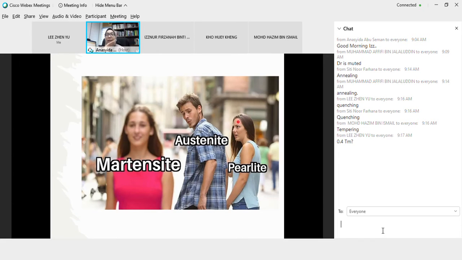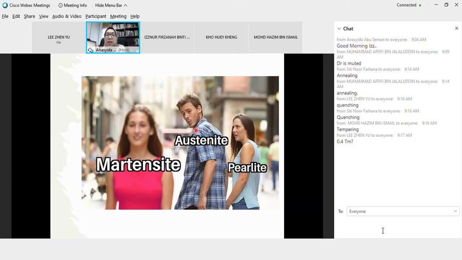Okay, ni tengok gambar ni. So kalau you tak ingat lagi martensite, you remember this picture. So you can see that this martensite is very stunning, right? Dia macam cheeky. Tapi dia tak stable. It's not stable as compared to perlite. So dia nampak macam menarik, stunning, but it's not actually stable. They are metastable. So that's why martensite normally they have to temper, not perlite.